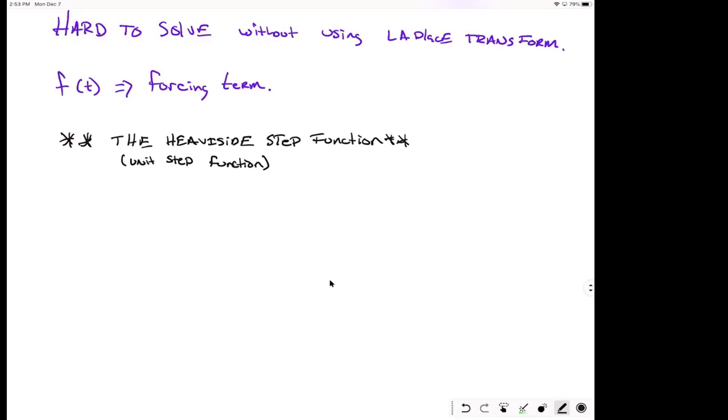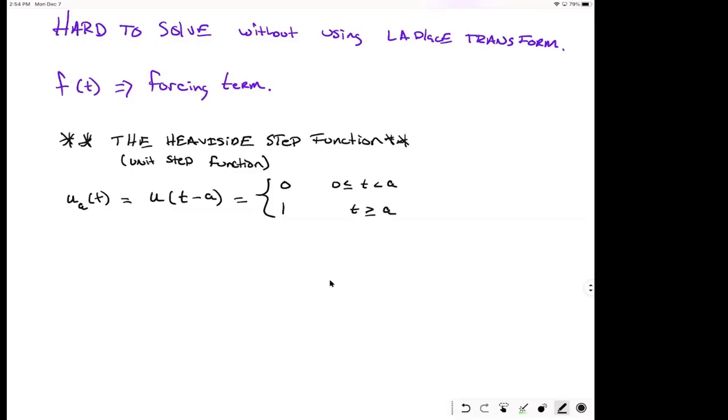And what it looks like is, the notation that usually gets used is u sub a of t, which is equal to, sometimes it's written as u of t minus a, the piecewise function 0 if t lies in between 0, including 0, and a, not including a, and then 1 if t is bigger than or equal to a.